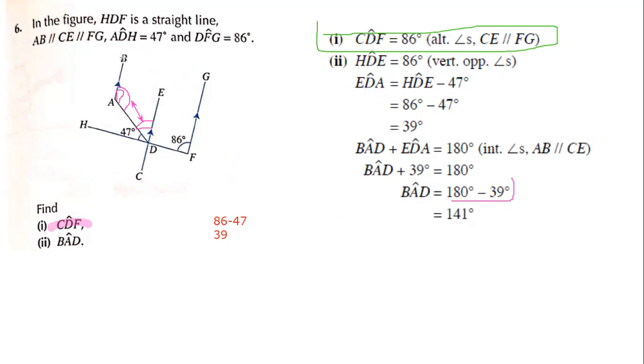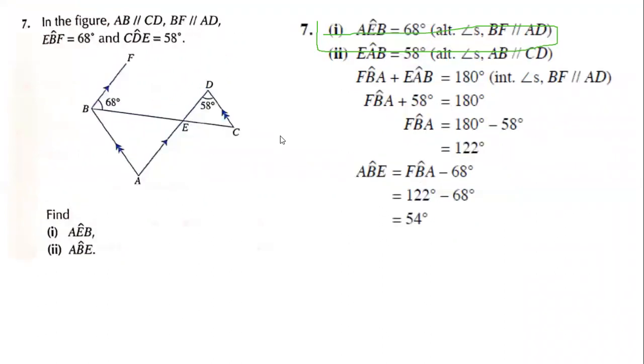So if you want to find this BAD here, what we need to do is subtract this value here from 180 degrees, and that's what we get. 141 is the angle BAD. So we can say that this angle is 86 degrees and this angle is 141. I hope this was easy for you as well, because we have learned all the concepts to solve these questions.